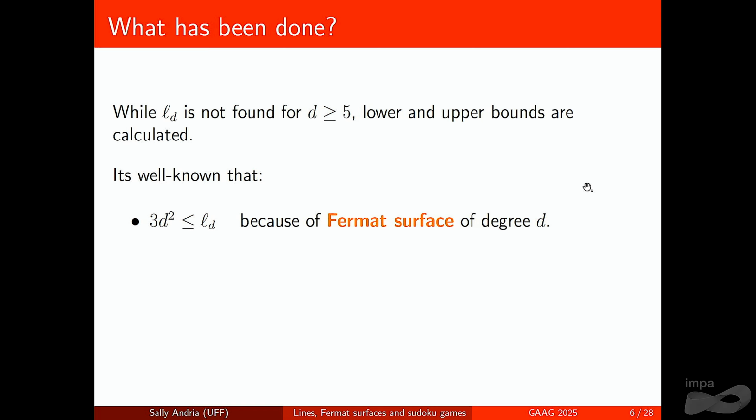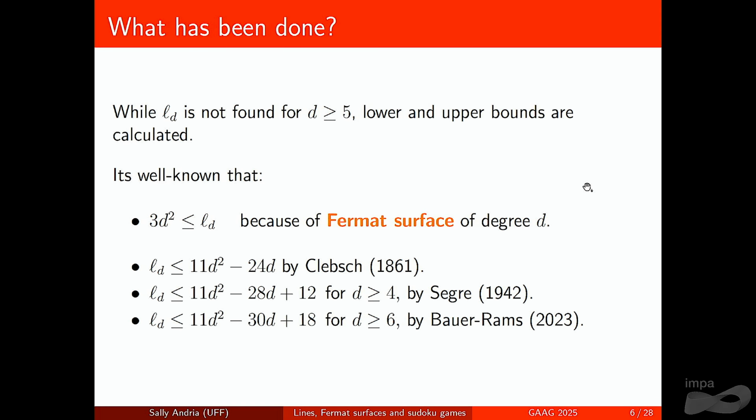About the upper bounds, the first one was given by Clebsch. 80 years later, Segre. 80 years later, Bauer and Rams optimized Segre's bound. And I hope we don't need to wait 80 more years to improve this bound, okay?